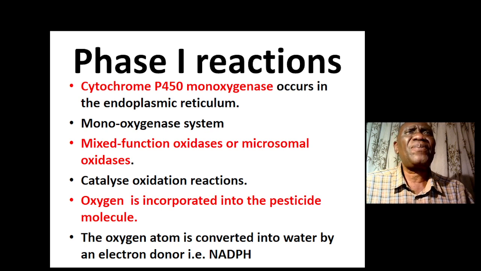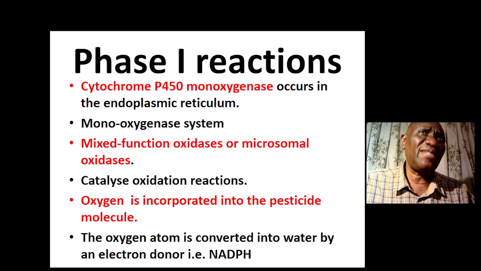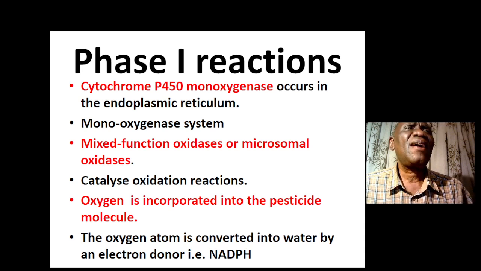They speed up oxidation reactions by simply inserting oxygen into the pesticide molecule. That is their function. They take oxygen and put it in the pesticide molecule so that the pesticide molecule gets oxidized or destroyed. The oxygen atom may be converted into water by the electron donor NADPH.